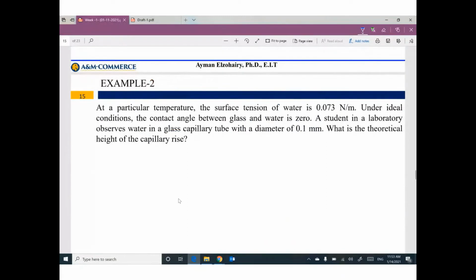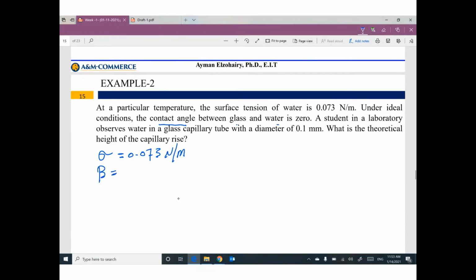Example. At a particular temperature, the surface tension of water is 0.073 Newton per meter. So sigma, which is the surface tension of water, is 0.073 Newton per meter. Under ideal conditions, the contact angle between glass and water is 0. That's fine.